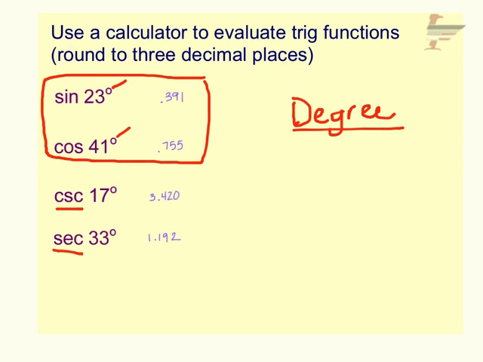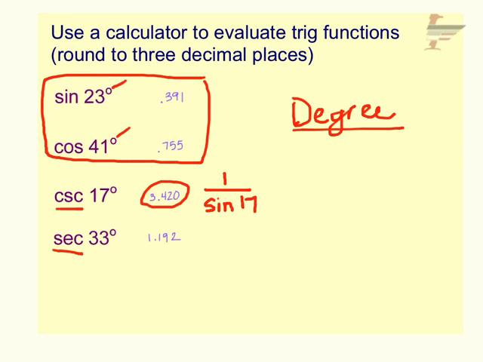Cosecant and secant. So these reciprocal functions. What's going to be tricky about these is you do not have cosecant or secant buttons on your calculator. So what we'll have to remember is cosecant is the reciprocal function for sine. So what you'll have to type into your calculator is 1 divided by sine of 17. And that should give you 3.420.